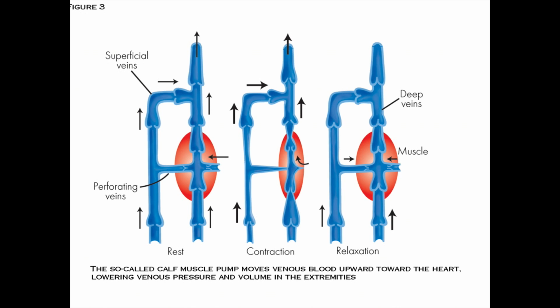And the deep veins, which are very important in the venous circulation, are surrounded by muscles, which is known as the calf muscle pump. And as you walk, the muscles contract and actually help the venous circulation by pushing the blood along. So this is one of the things that the body does to help the venous circulation.